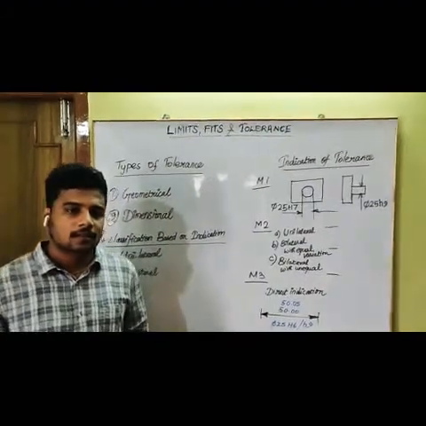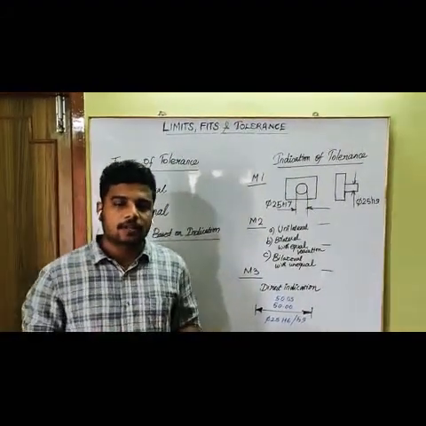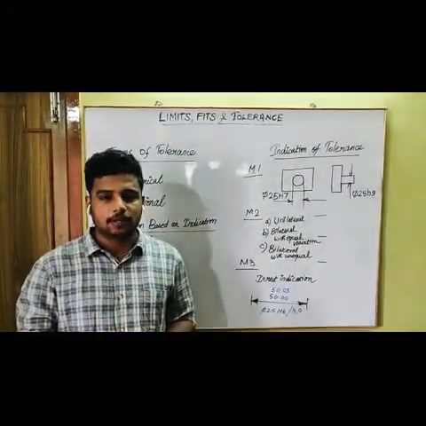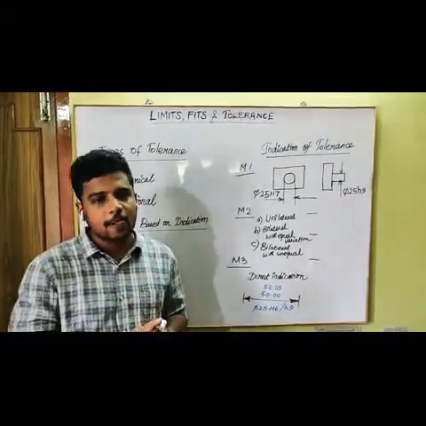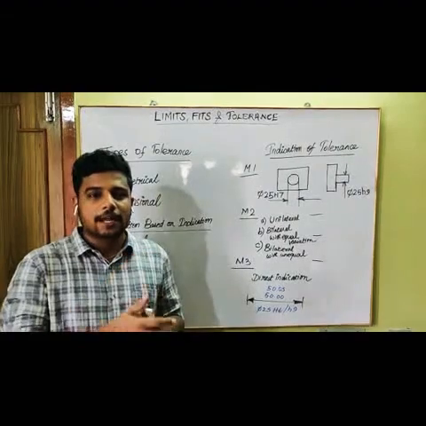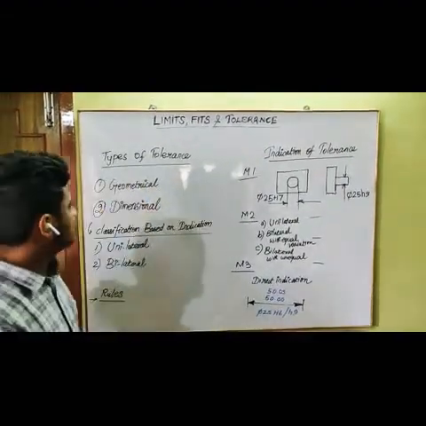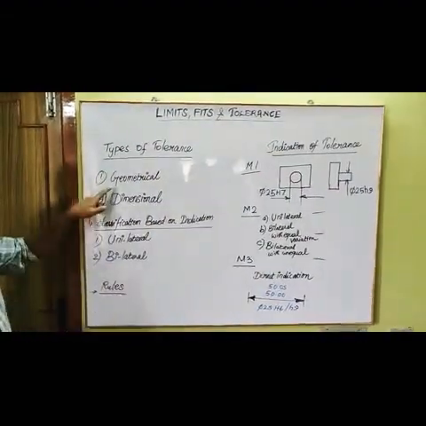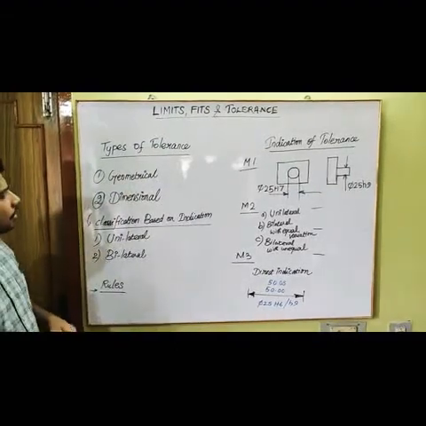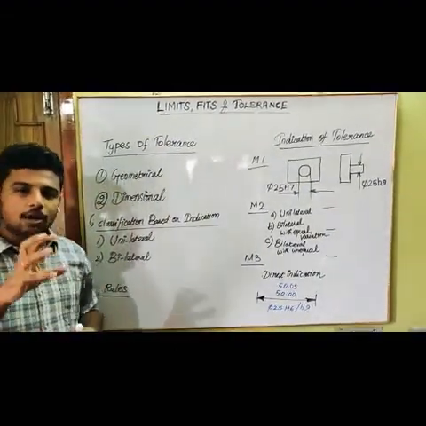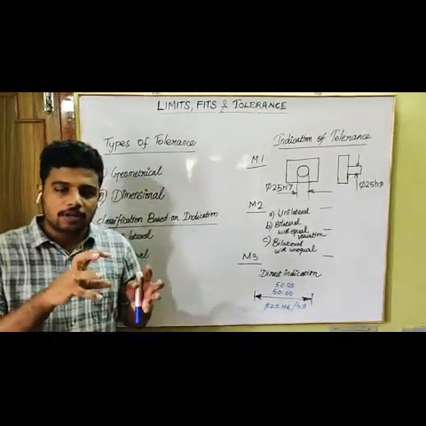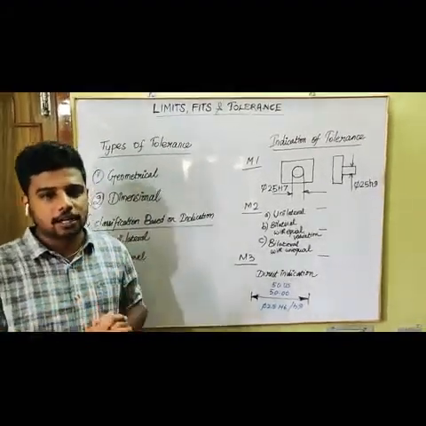3. So now we are going to see the different types of tolerances. Before, we have seen the hole basis system and shaft basis system. Now we will see what are all the types of tolerances available. There are 2 types of tolerances. One is your geometrical tolerance, one is your dimensional tolerance, right? Your geometrical tolerance deals with the geometrical shape of the object.